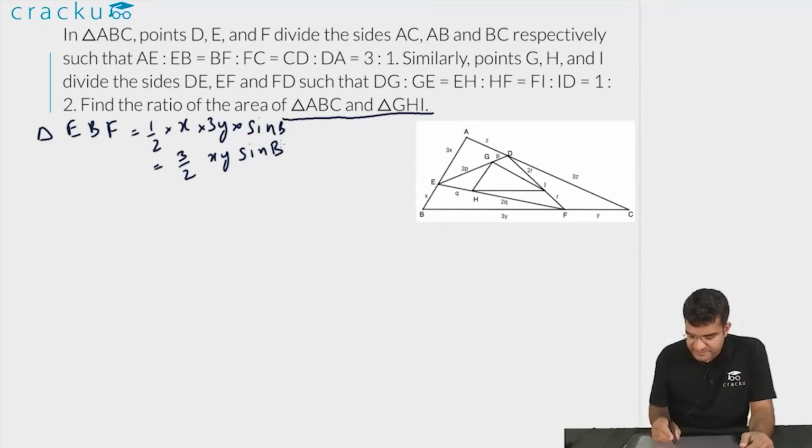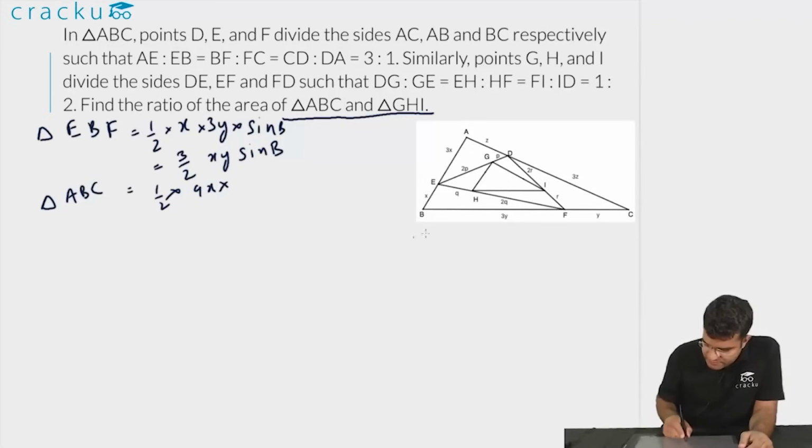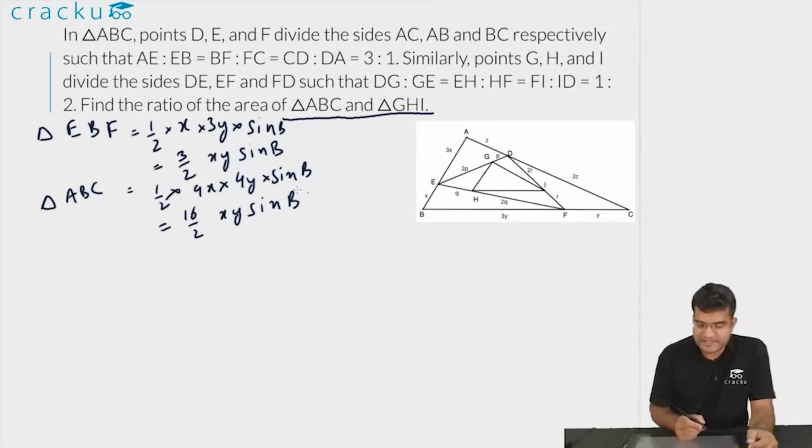Now the area of the bigger triangle ABC is equal to half into AB, which is 4x, into BC, which is 4y, into sine B. This is equal to 16/2 xy sine B. What you can actually notice, by comparing these two values, is that the area of this smaller triangle is 3/16 that of the bigger triangle.